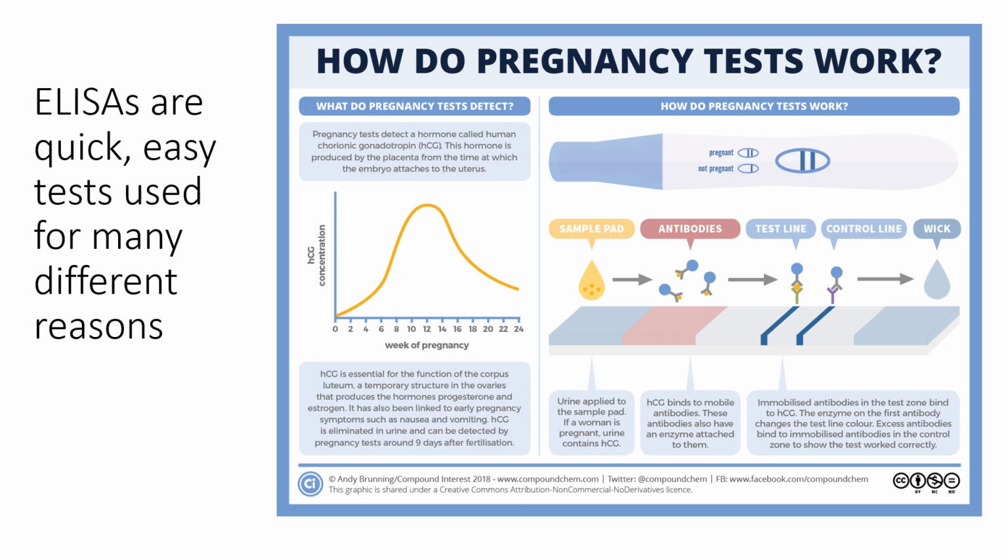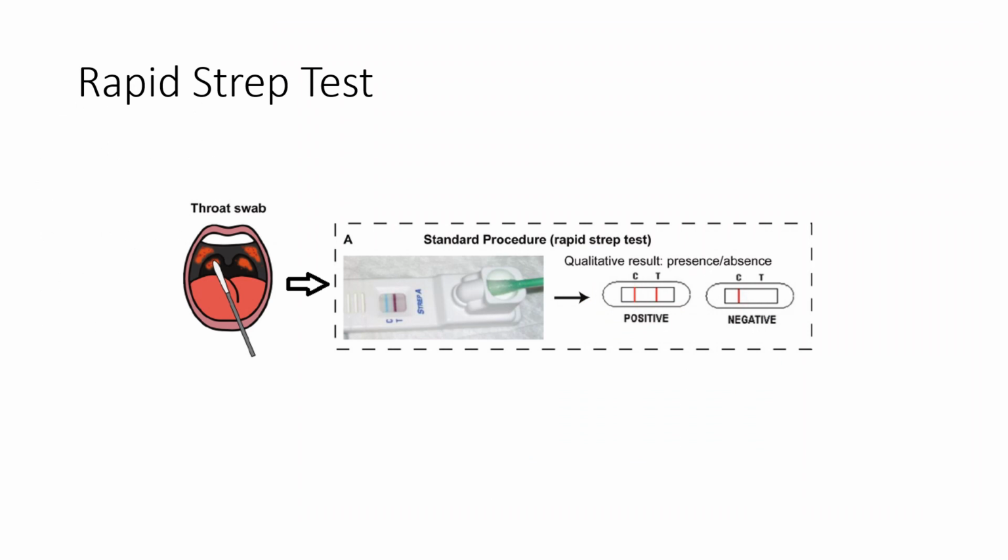So that's not an illness, but I can use enzymes and antibodies to test for a very common hormone, human chorionic gonadotropin, that would be present in pregnancy. Okay, so the swab is used to take a sample from somebody's throat, and then the swab is inserted into this area on the stick, and it's a little bit wet in there, so we have the same wicking action.